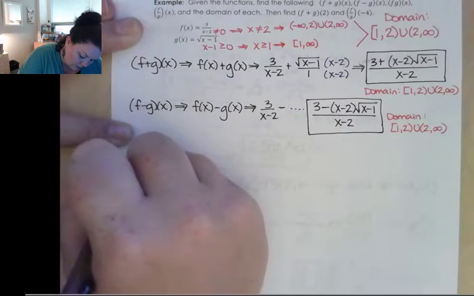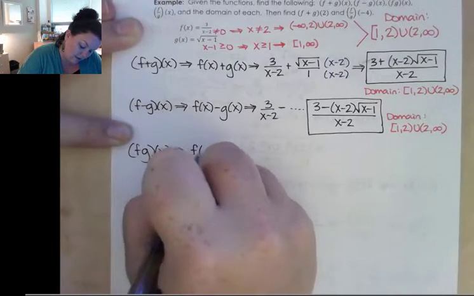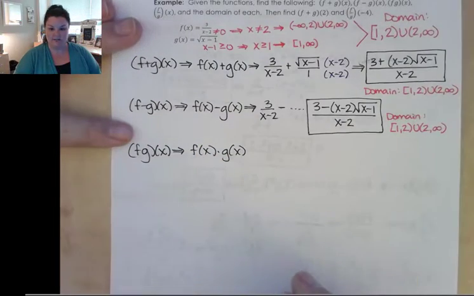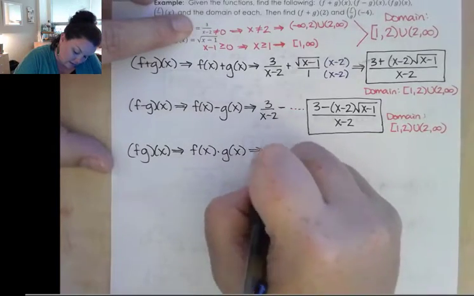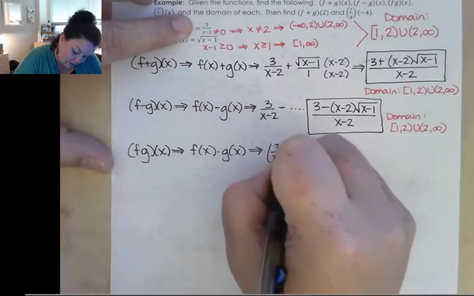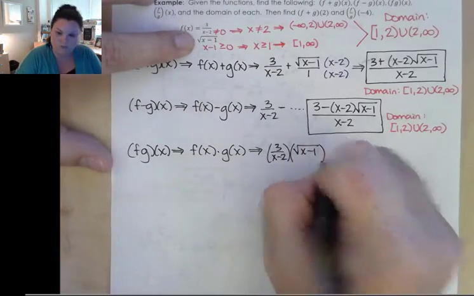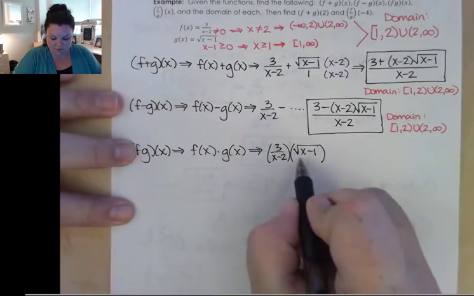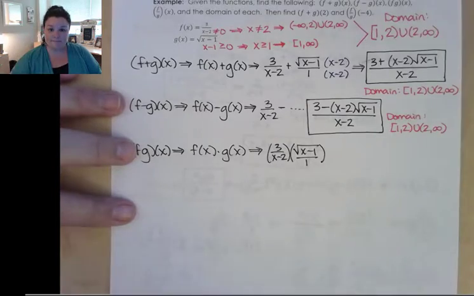So product function is f times g of x, which means we're taking our f of x function and we're multiplying it by our g of x function. So f of x is 3 over x minus 2, and we're multiplying that by the square root of x minus 1. Okay, again, when we multiply anything that has fractions, we want to make sure we write everything with denominators. So I'm going to put g of x over 1 so that we can multiply straight across.